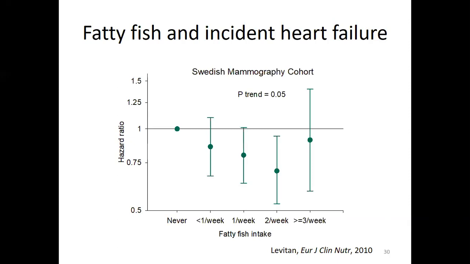So that's a really good question. One of the things about epidemiology is that often the study wasn't really designed to do this. The PI that I was working with had designed the study, actually called the Swedish Mammography Cohort, because she was interested in breast cancer, looking at risk factors for breast cancer. And so I came along 10 years later and said, maybe I can use this data to look at heart failure.